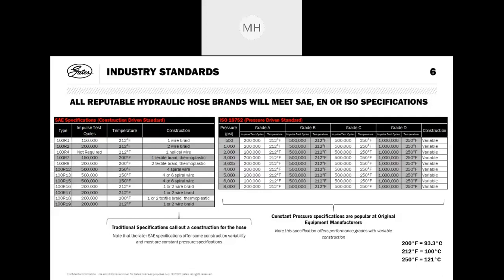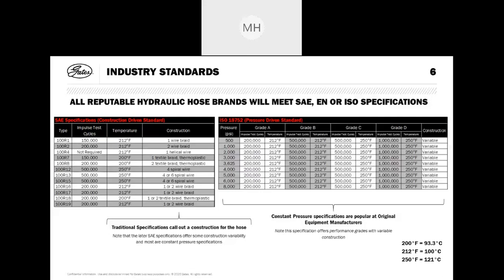Now, the construction of these hoses is variable, and this is left open to the manufacturer to decide how they're going to meet those particular impulse test cycles and the temperature ranges. So when comparing the 2 sides of it, the SAE under the 3 main criteria, so construction is identified, performance and the impulse cycles is identified, and the pressure ratings are variable.